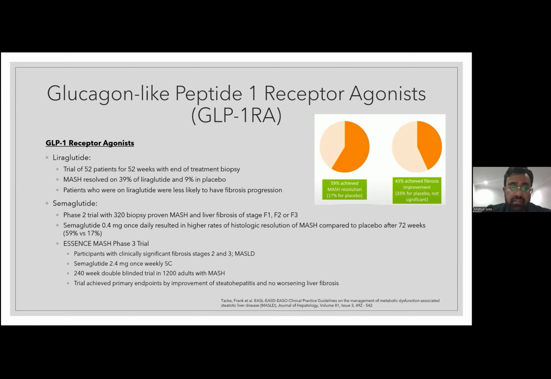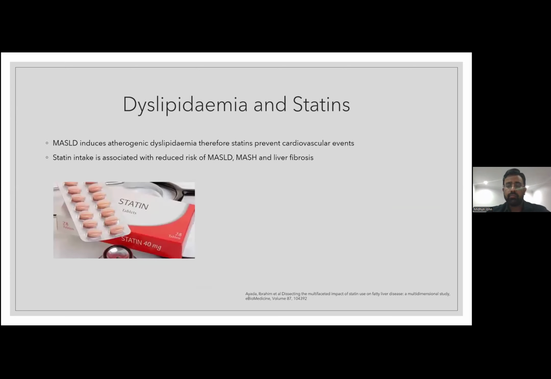So a lot of promise is coming out from our GLP-1 receptor agonists. And then the last part of our column was dyslipidemia and statins. Essentially, we see that statin intake was associated with a reduced risk of MASLD, MASH, as well as liver fibrosis.